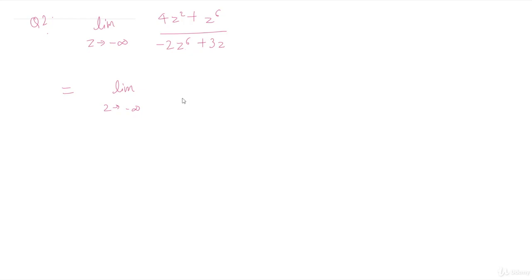So let's take out z to the power 6 as a factor. That will be z to the power 6 times 4 by z to the power 4 plus 1, over z to the power 6 times minus 2 plus 3 by z to the power 5.